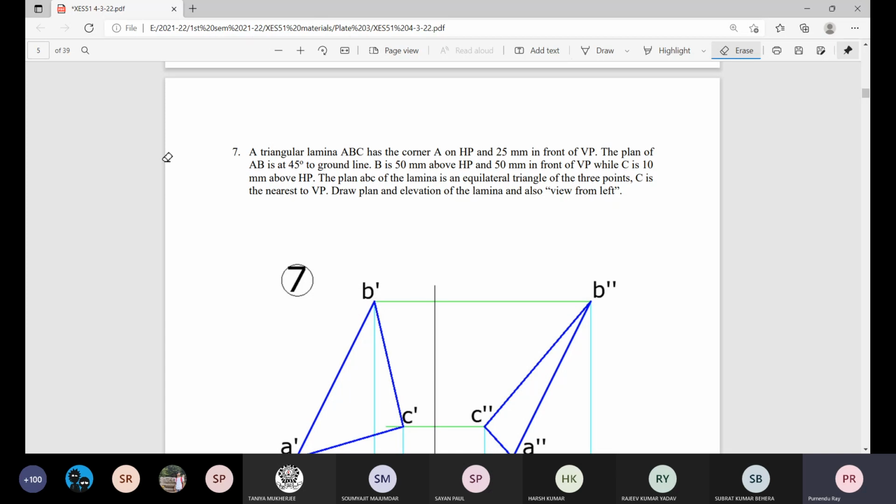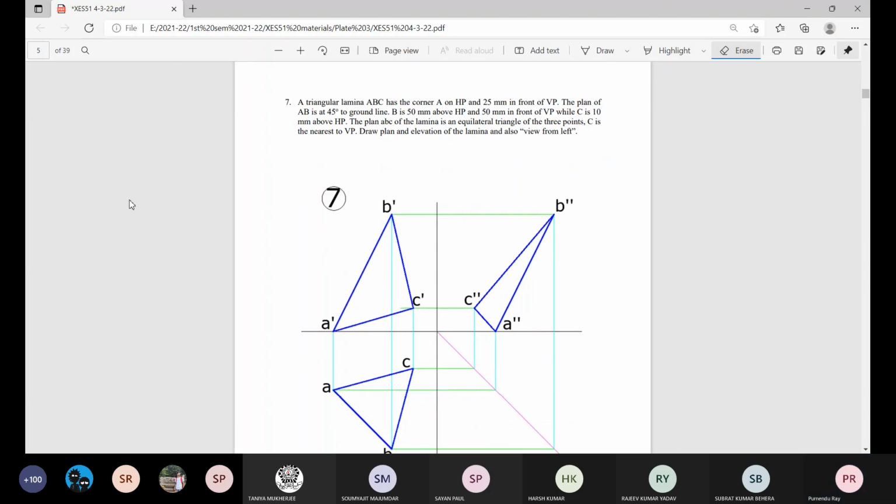So many pieces of information are there, but we need to start from the simplest thing. What is that simplest thing? That is, the plane ABC is an equilateral triangle. So highlight that.